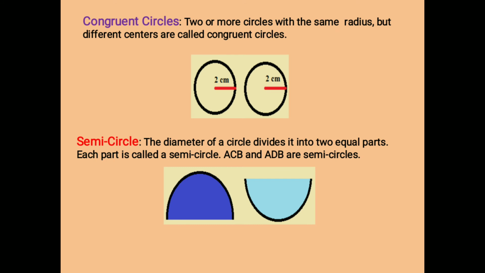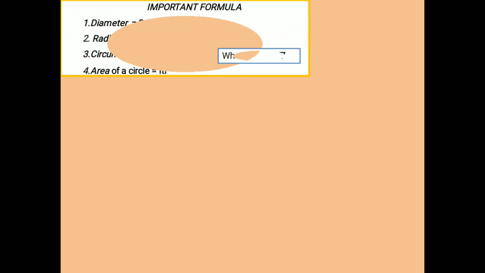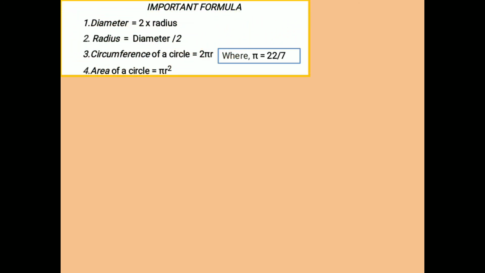So these are some of the basic formulas to learn in a circle. As discussed earlier, diameter is always double the length of radius.